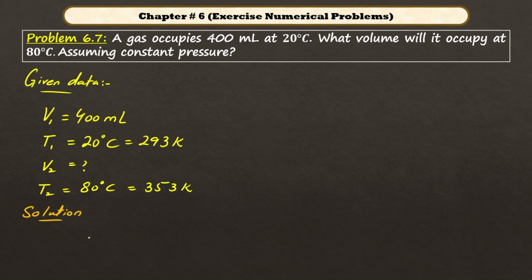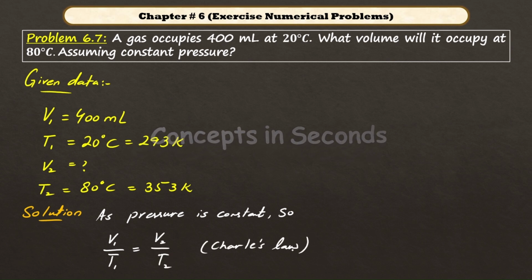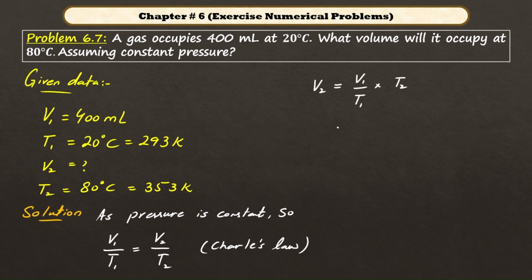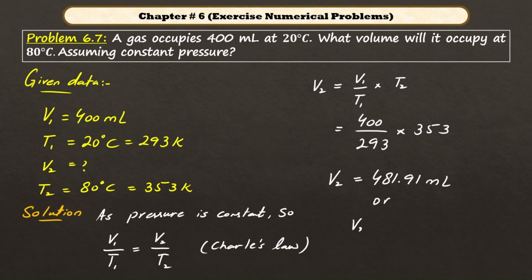Solution: as pressure is constant, so V1 over T1 is equal to V2 over T2, that is Charles law. So V2 is equal to V1 over T1 into T2. By putting the values of V1, T1 and T2 in this formula, it becomes equal to 481.91 milliliter, that is equal to 482 milliliter.